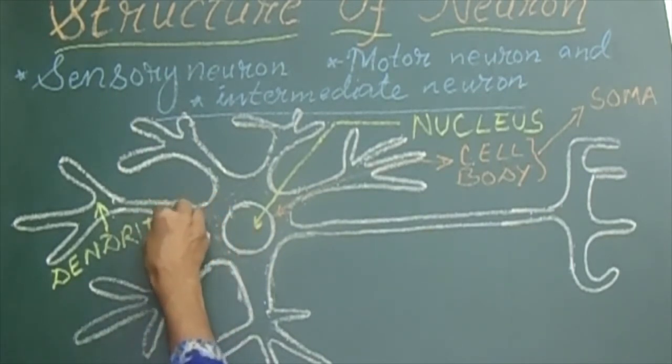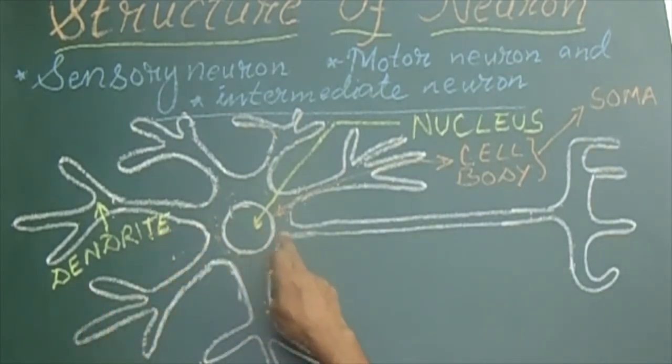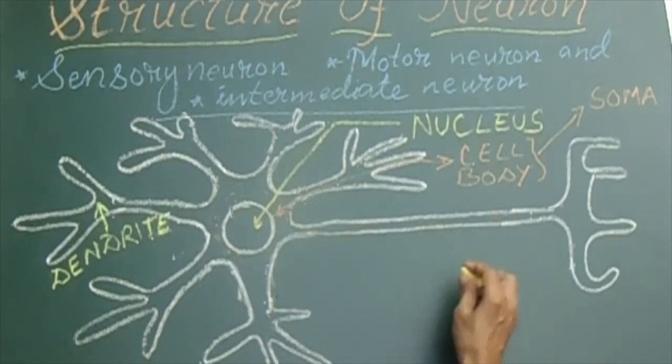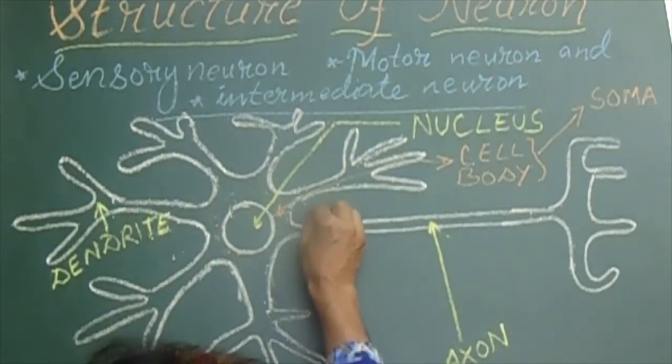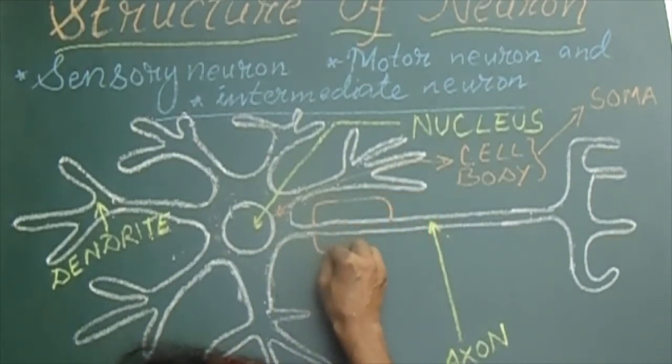So from these short extensions, one extension elongates, and that extension we call it as axon. Now this axon is having a protective sheet present on it. That sheet we call it as myelin sheath.